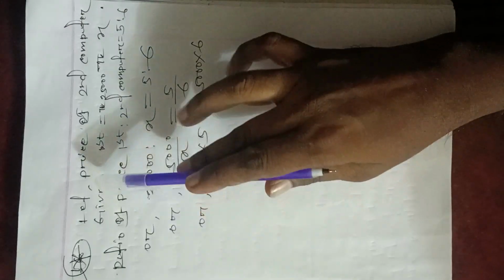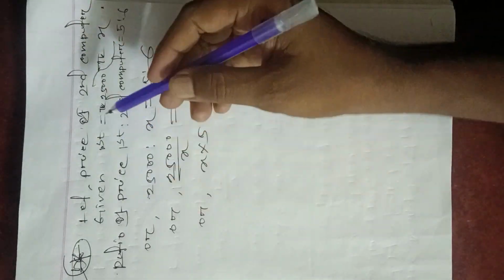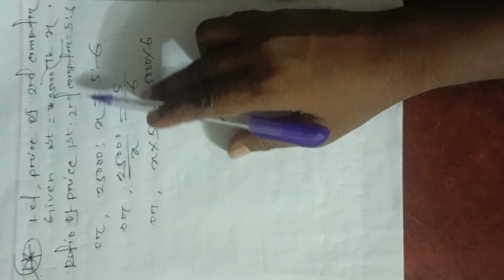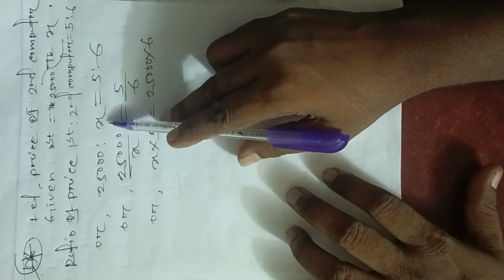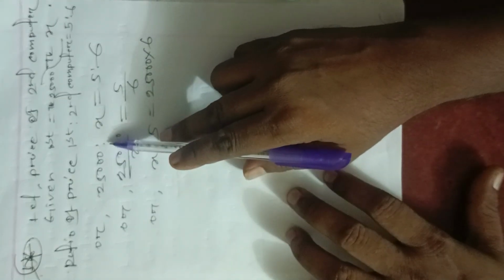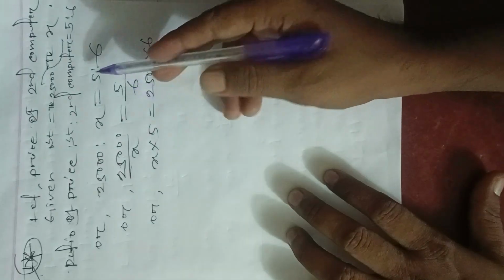So let the price of the second computer be taka x. Dear students, our problem is the ratio of first computer and second computer is 5:6. First computer price is 25,000 taka and second computer is let taka x. So 25,000 is to x equals 5:6. So 25,000 by x equals 5/6.